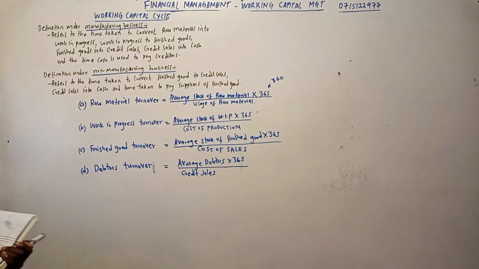So that is credit sales. So average debtors over credit sales. So that's the debtors turnover.